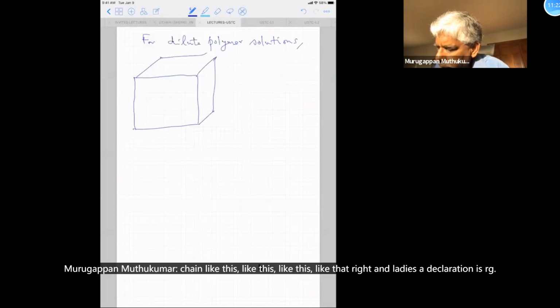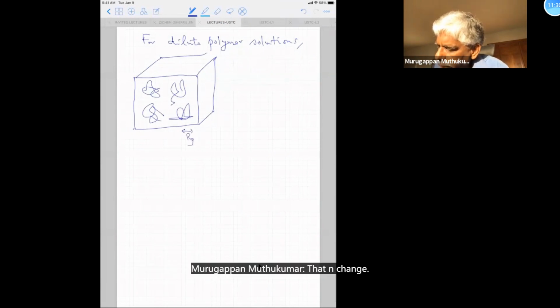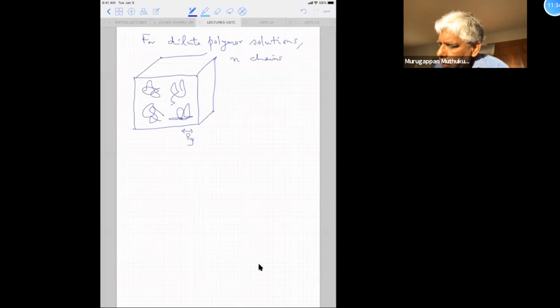I have a chain like this, another chain like this, another chain like this, another chain like that, right? And the radius of gyration is Rg. There are N chains in volume V.